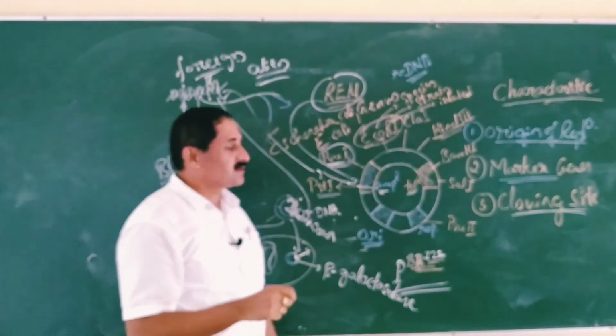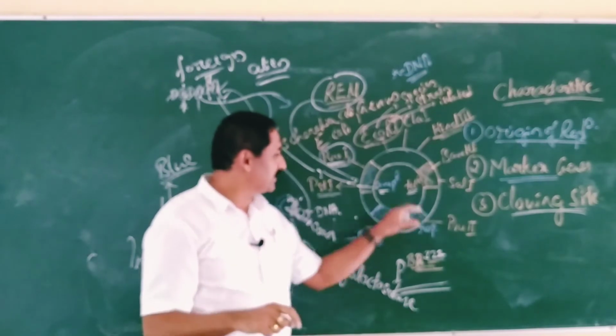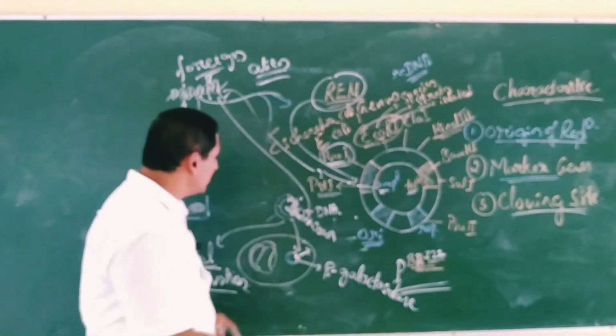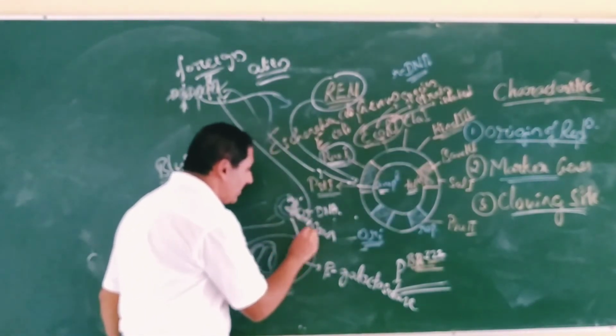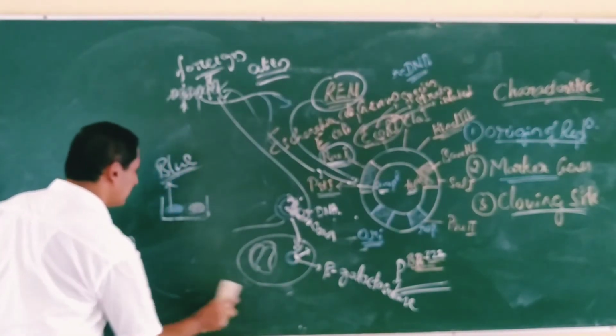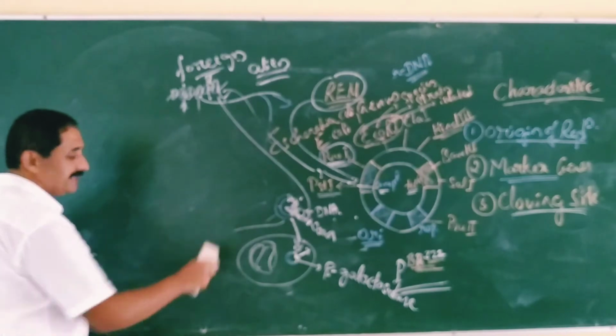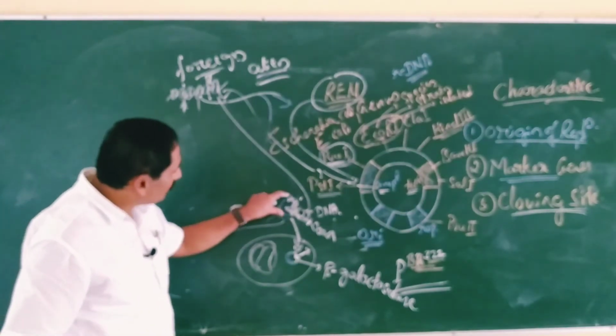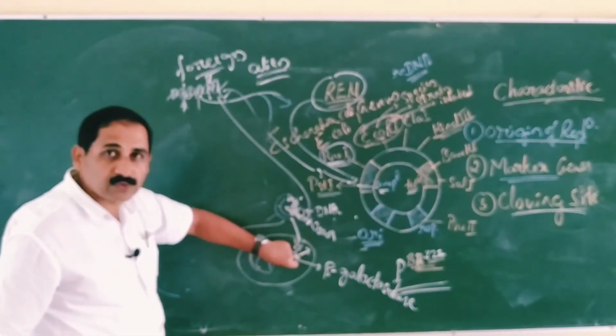Okay. So how to introduce the rDNA into the host? What are the methods involved in the insertion of rDNA into the host? I have to discuss in detail the insertion of recombinant DNA into the host.